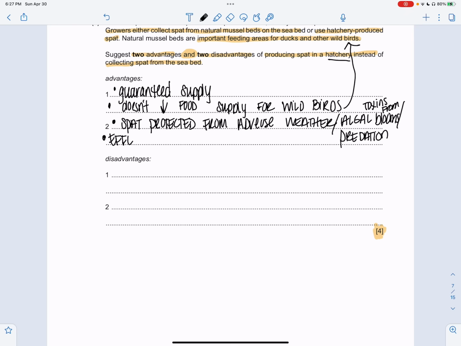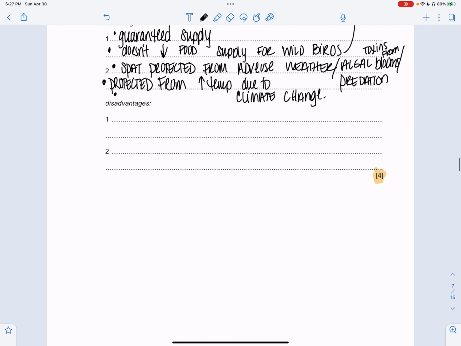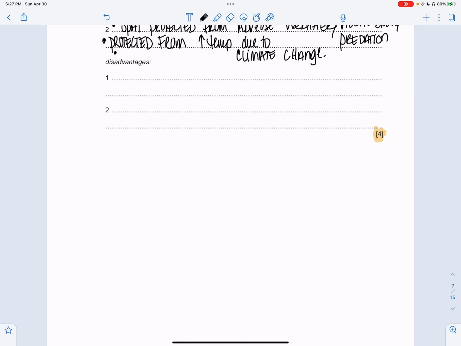Protected from, or they don't have to be around, high temperature due to climate change. And they did also allow AVP, which means alternative valid point. And I also said they're protected from potential desiccation, so drying out.